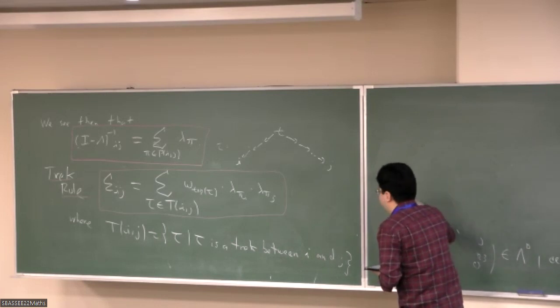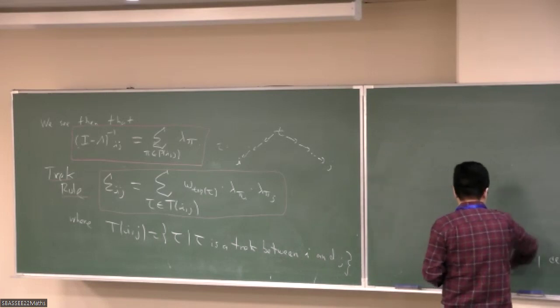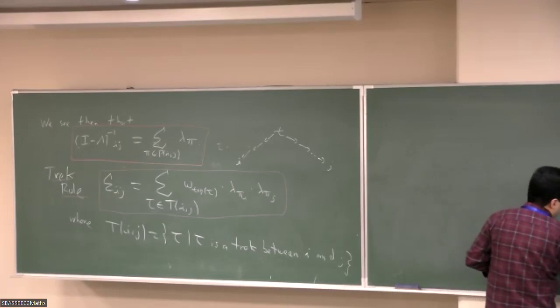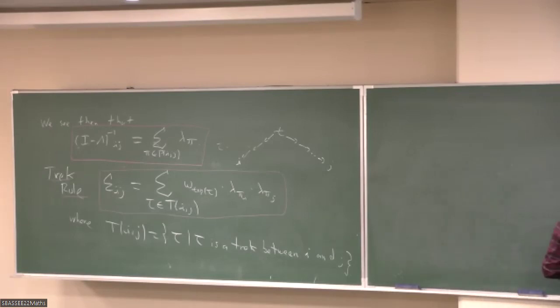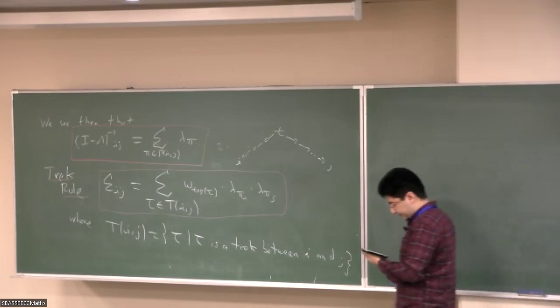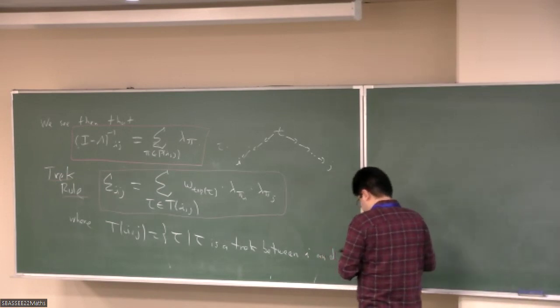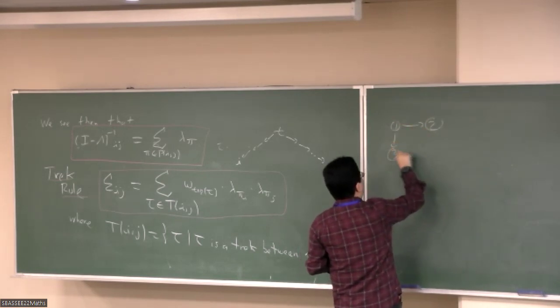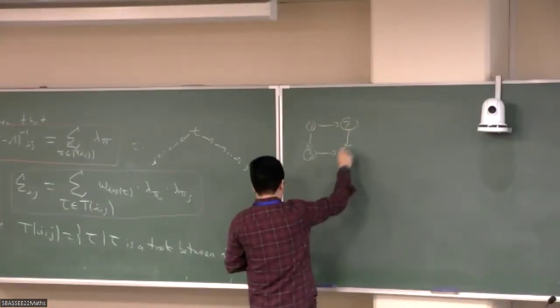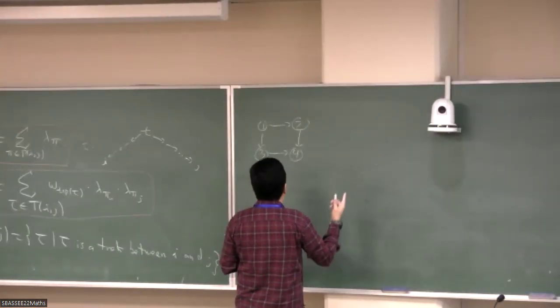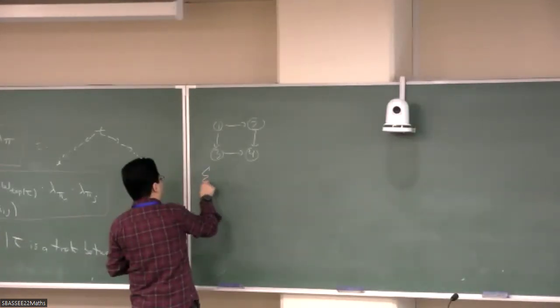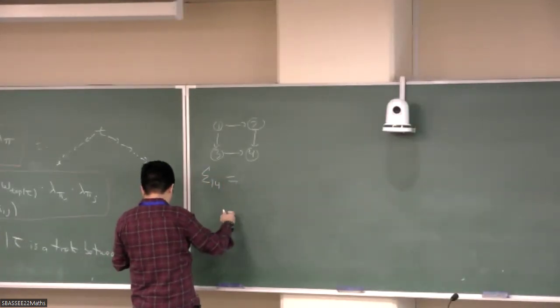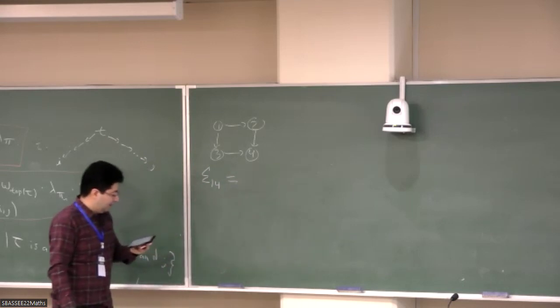And now we have a combinatorial interpretation for the entries of sigma. Maybe we do just one example. I'm just going to compute one entry, sigma 1,4.